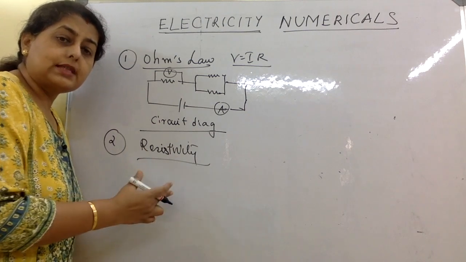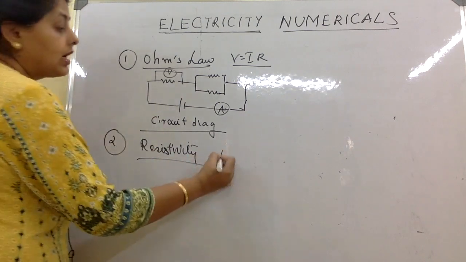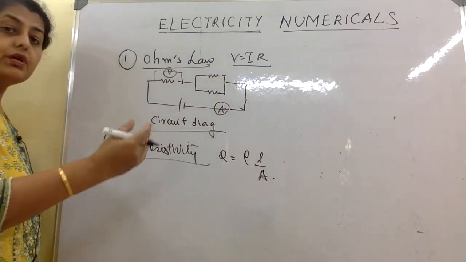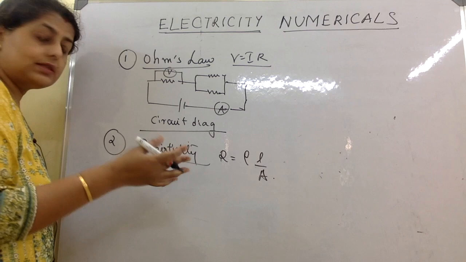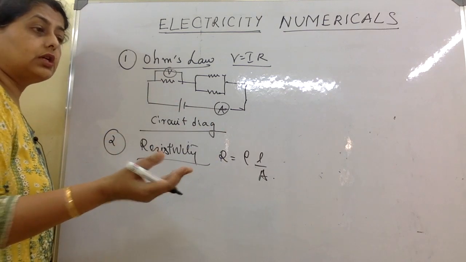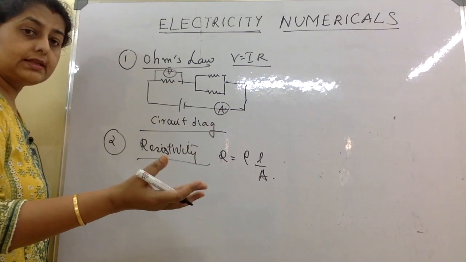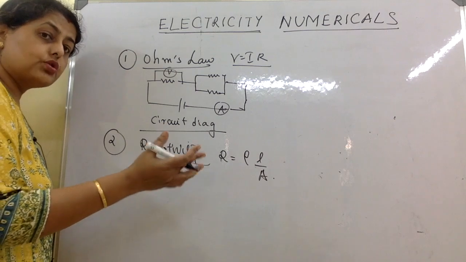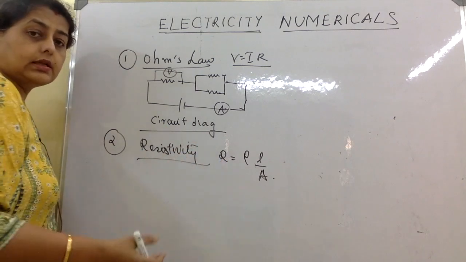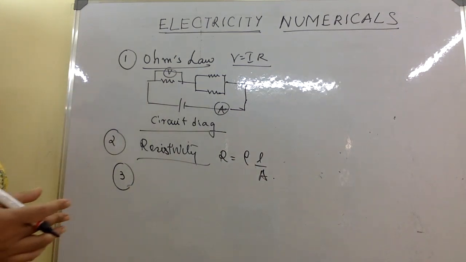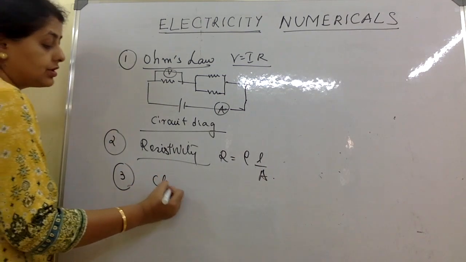These questions are based on R is equal to rho L by A. Remember those sums where you have to find the ratio between two resistances. The wire is doubled on itself, or pulled to triple its length, elongated to triple its length, and all those things. Those are the resistivity types.